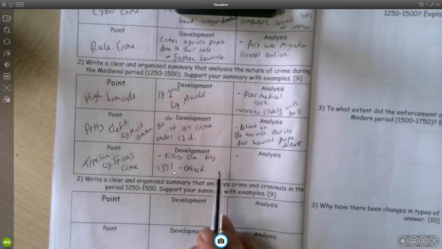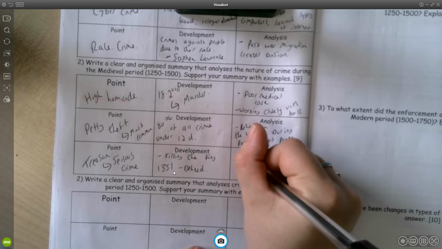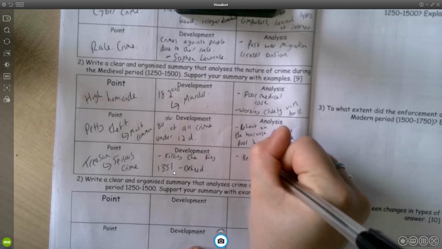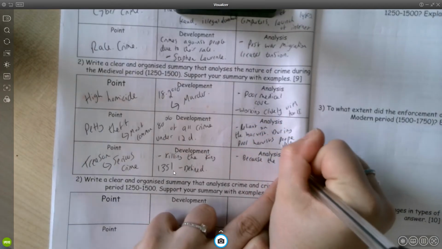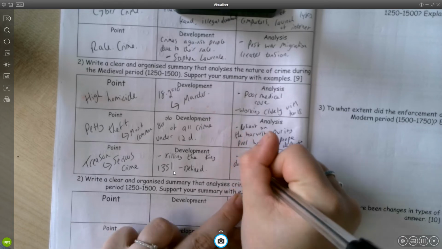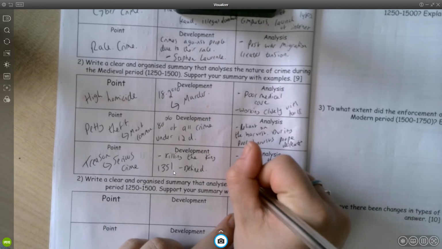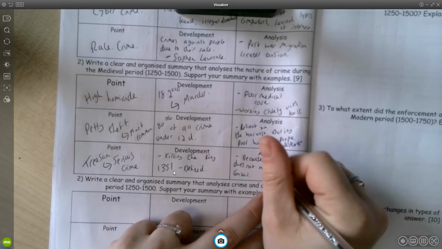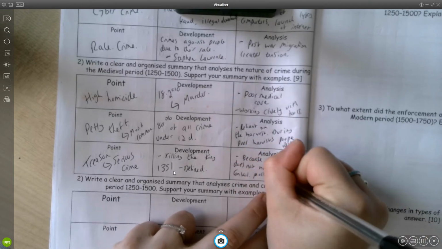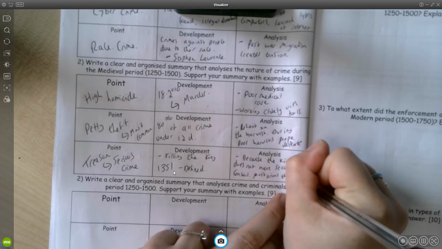And treason is clearly defined in 1351 because the king does not have secure control of his country. He needs to make the most serious crime threatening his rule.